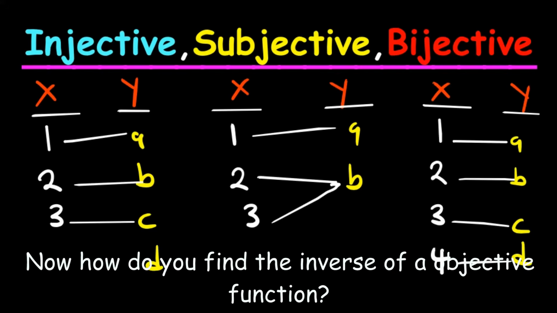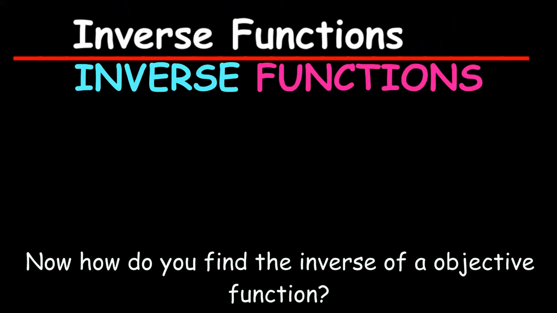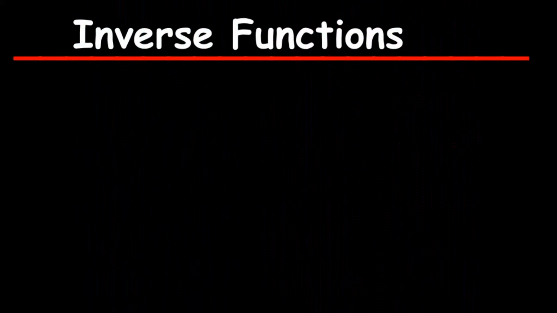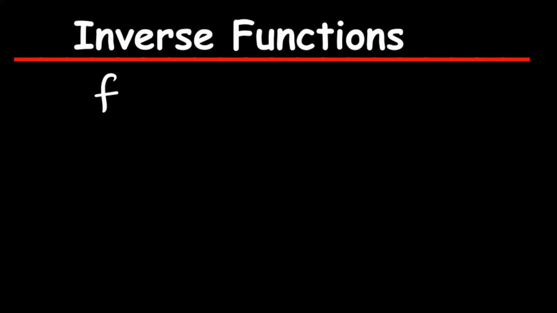Now, how do you find the inverse of a bijective function? Okay, we know that the inverse usually reverses the output of a function. So let's say I've got f of x, let's say this f of x is equal to 3x minus 1.